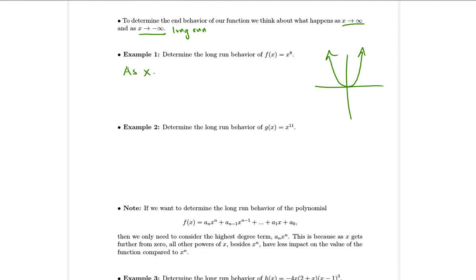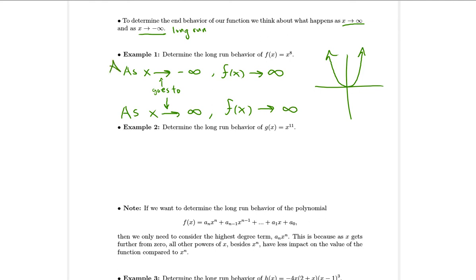As x goes to negative infinity, so when I use that arrow, it means goes to, f of x goes to, well, as x goes to negative infinity, f of x, or the y's, go to positive infinity. And as x goes to infinity, f of x goes to infinity. So this is what I mean when I'm talking about the long-run behavior, okay?